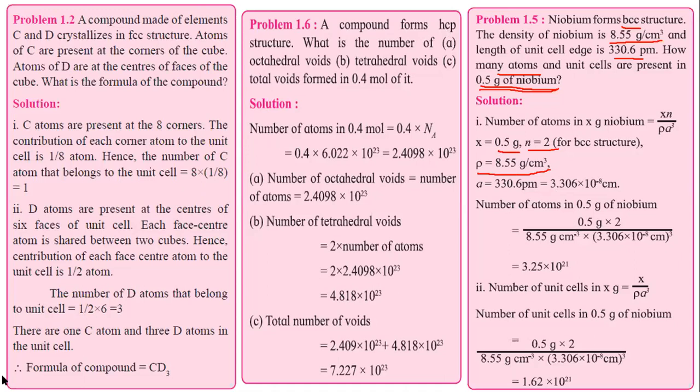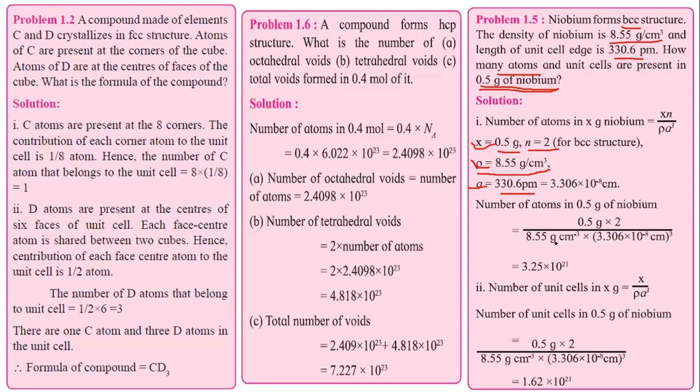What is the edge length? In this numerical the edge length is given as 330.6 picometer. So a is given, rho is given, x is given. All the values of this formula, x n divided by rho a cube, are given. Put the value of x here into 2, because 2 is the number of particles.